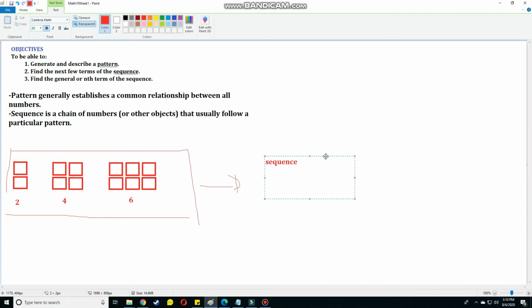We could say that this is a sequence of boxes, a chain of numbers or other objects that usually follow a particular pattern. And that particular pattern that it follows is that there is an addition of 2 boxes in every next picture. And that is the difference between pattern and sequence.